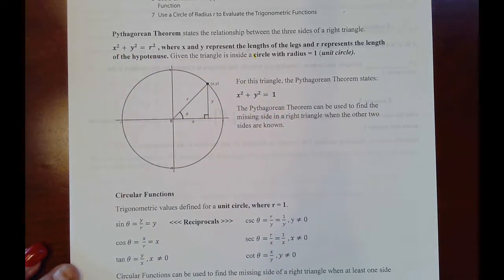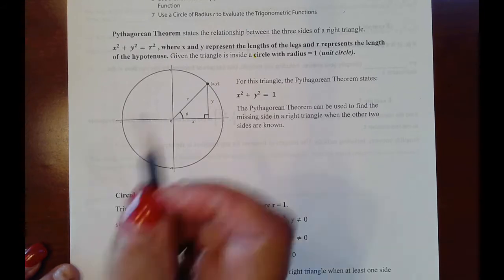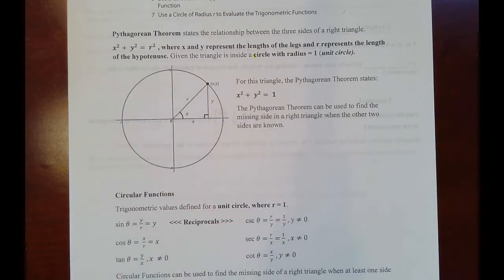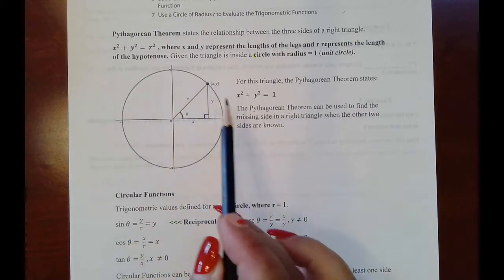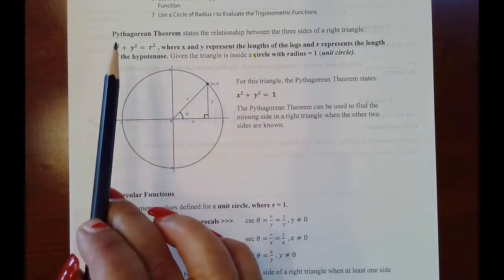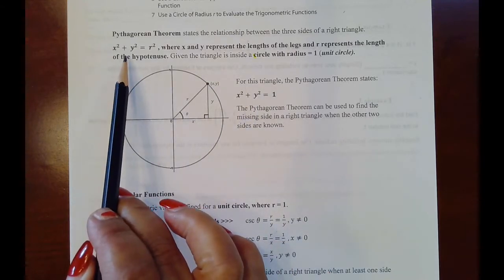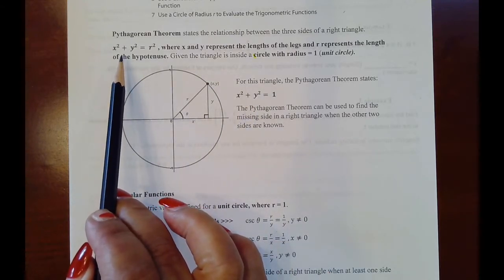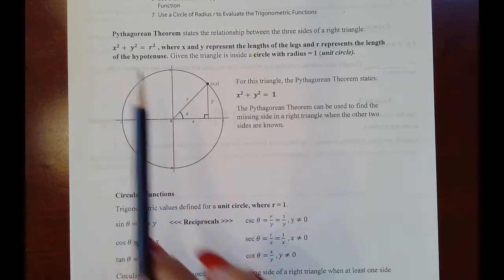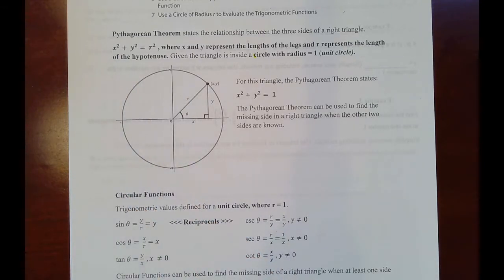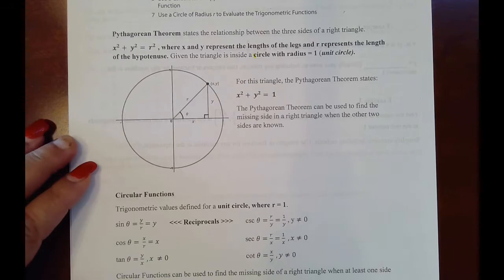Everything is squared. So sometimes you may find yourself in a situation where you want to use this theorem in order to find one of the missing values on the triangle. To use Pythagorean theorem, you need to have been given at least two of the sides so that you only have one side left to find.